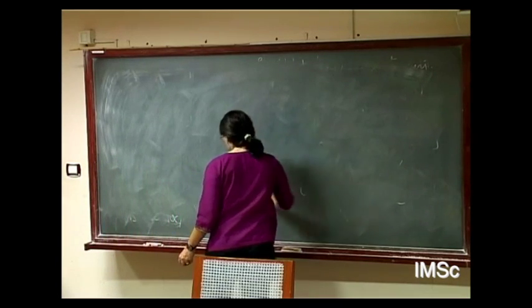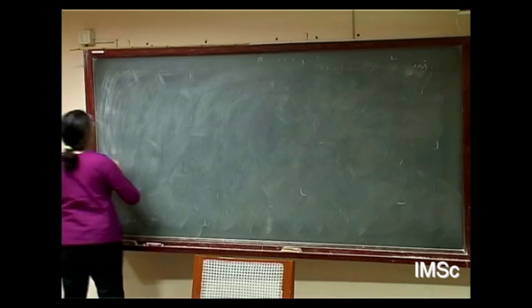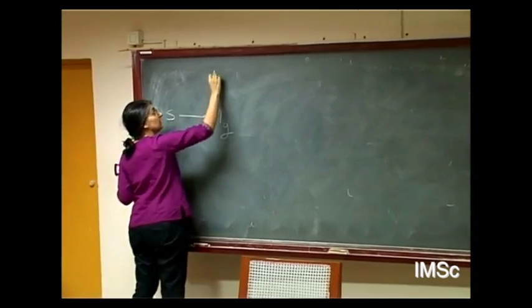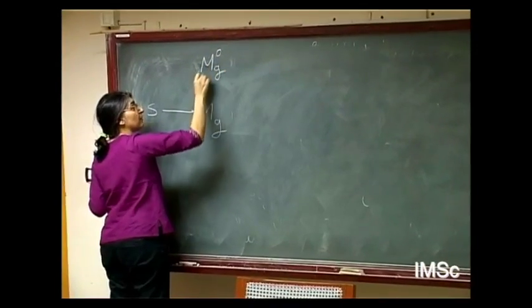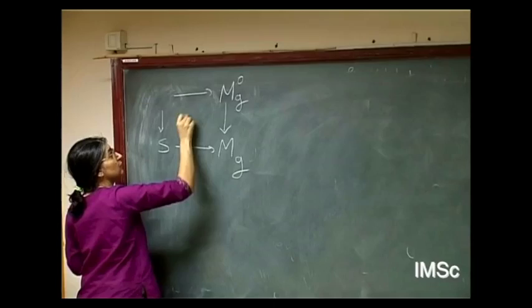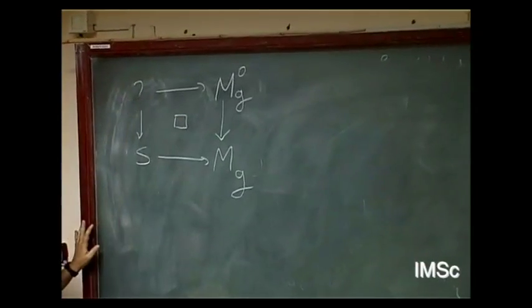So what happens if I have a morphism from S to Mg, and I have the natural map from M0g to Mg, what happens when I do the fiber product? What do I get here?